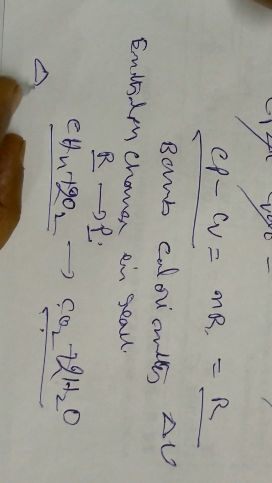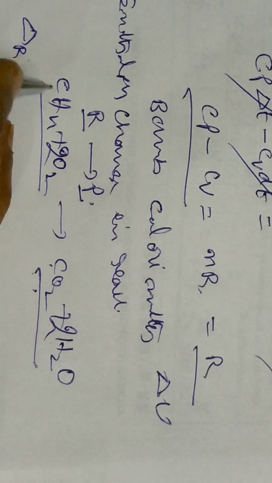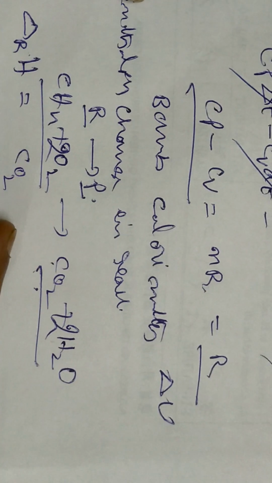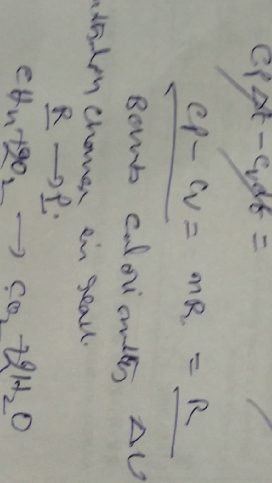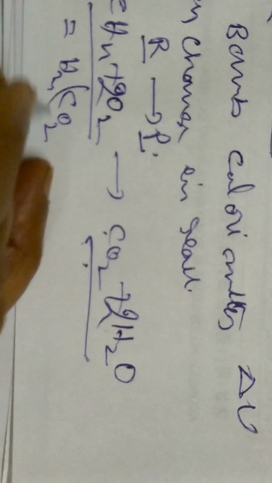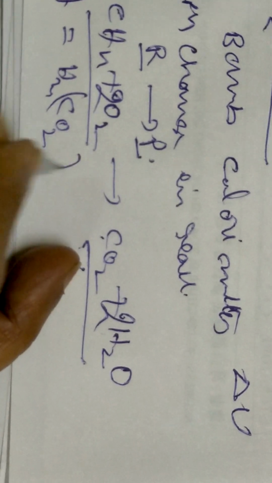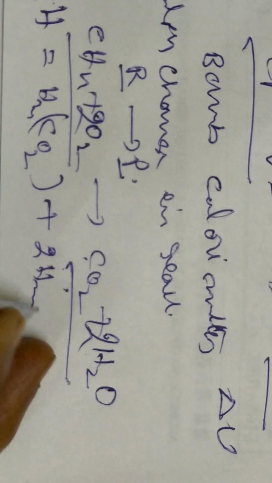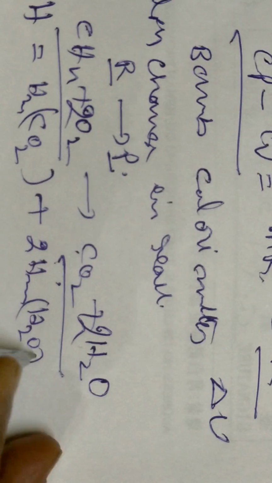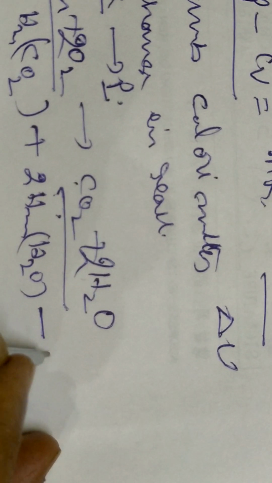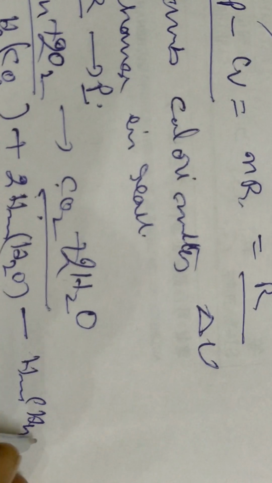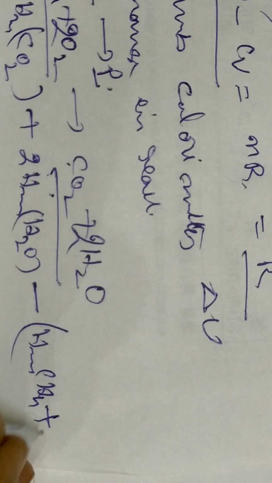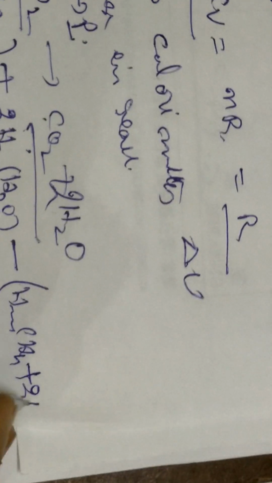The reaction enthalpy is delta R H. Taking CO2 enthalpy, I will write the molar enthalpy of CO2, only a single CO2, plus 2 times the molar enthalpy of water, minus the enthalpy of the CH4, and minus 2 times the molar enthalpy of O2.